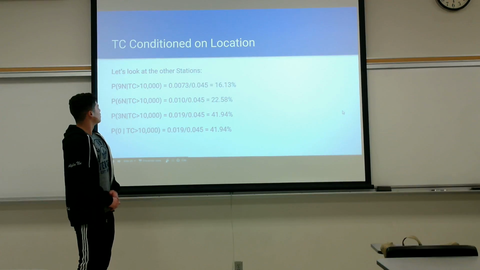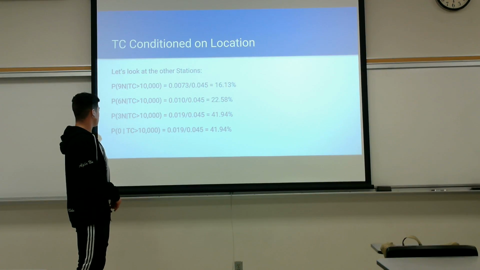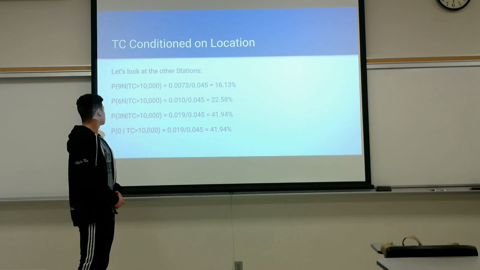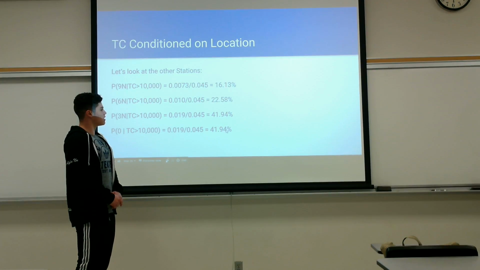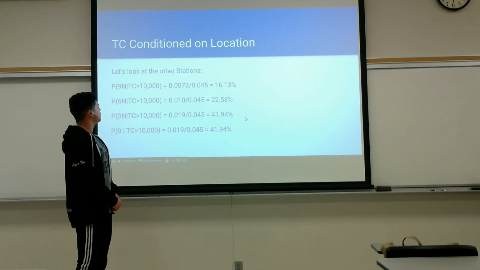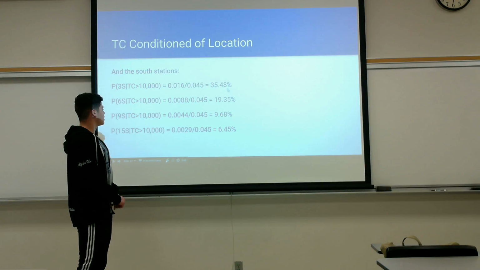And we start to see a trend. The closer you get to the outlet, the higher the probability would be. You can see that the probability at 3N is 41.94%, much greater than at the 15 north station. And then we took the probabilities from the south stations as well, and the same trend appears.